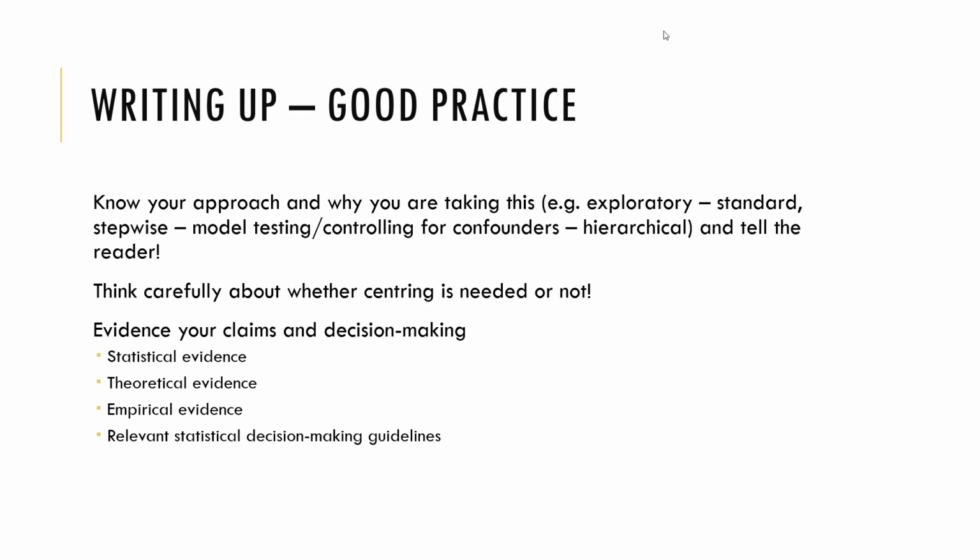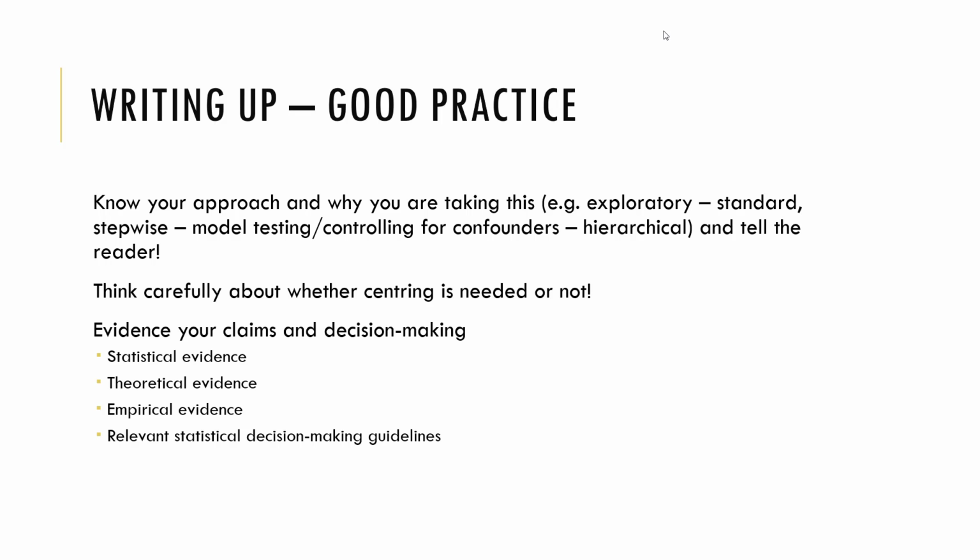And as with any type of analysis, evidence the claims that you make. So if you say you found a statistically significant or a non-significant result, provide the statistical evidence to support that. In terms of choosing the approach to modelling in regression, draw on the relevant theoretical evidence, the empirical evidence, and previous research findings to help you do that.